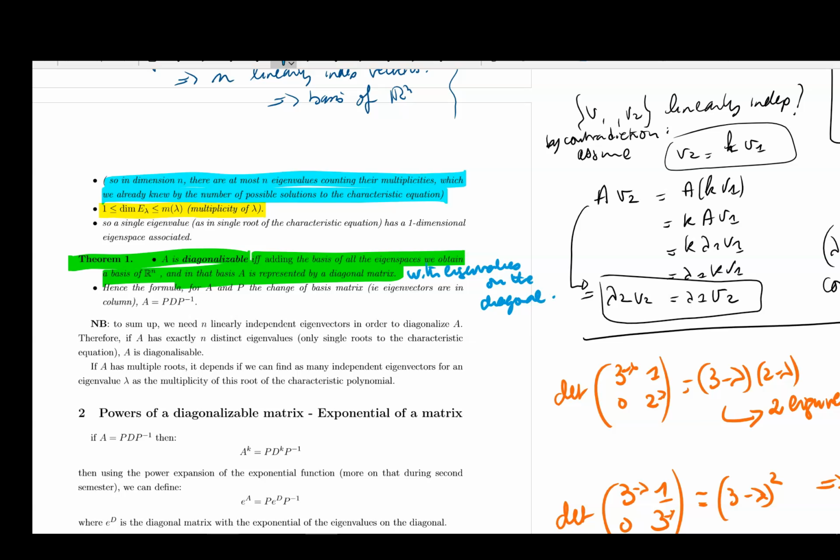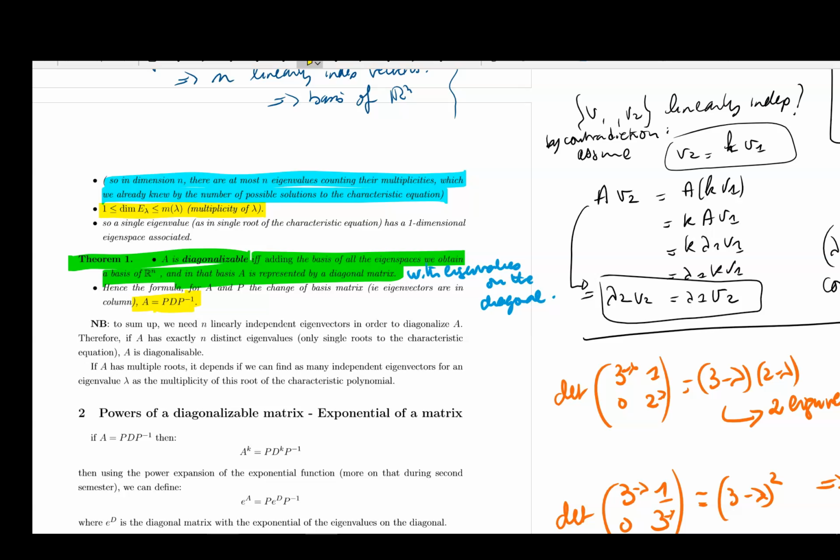Hence the formula for A, and P, the change of basis matrix, is going to have the eigenvectors in columns, in the same order as the eigenvalues in the diagonal matrix. And this is our big formula: A is equal to P D P minus 1.